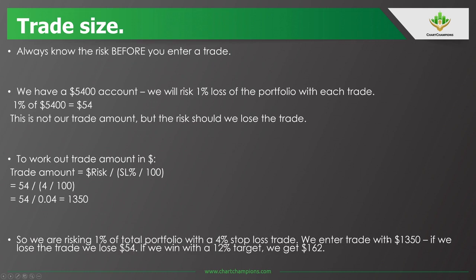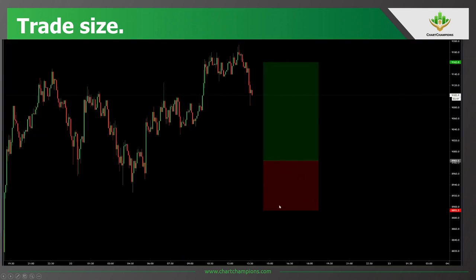We enter the trade with $1,350. If we lose the trade, we will lose $54. If we win with our 12% target, we will win $162. So we are essentially risking $54 to win a potential $162. We know before the trade how much we will lose and how much we will win. We can then sit back and watch the trade play out.